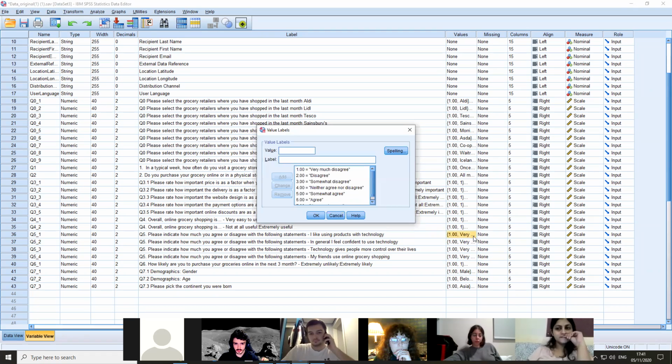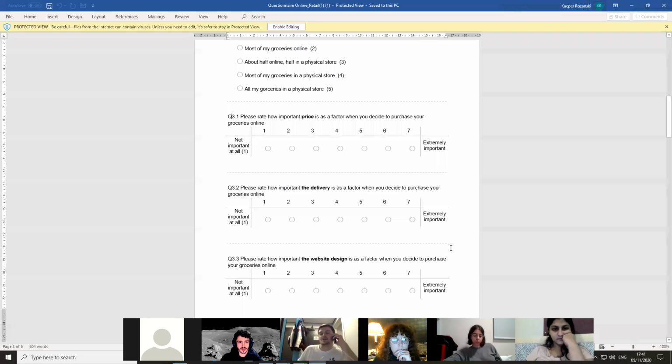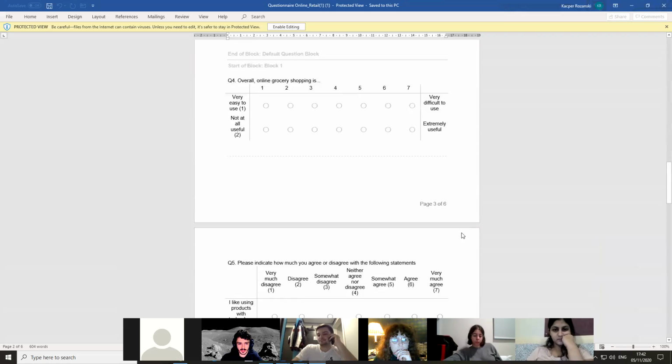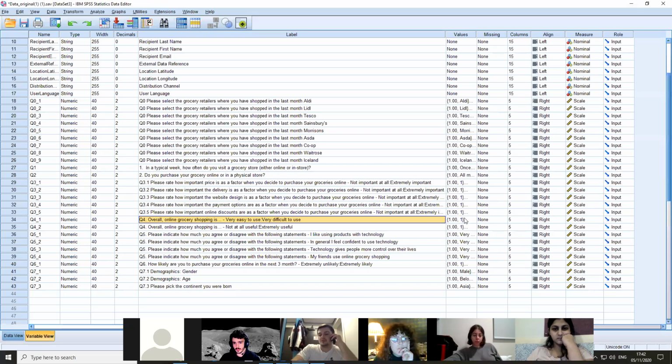Well, let me check this one. So basically, maybe this one then, 4.1. Let me have a quick look at 4.1, because at one point he showed us very easy to use, very difficult to use, not useful at all, extremely useful. So each of these is a label, right?